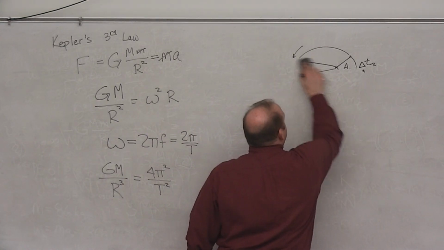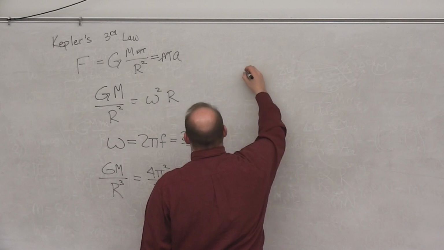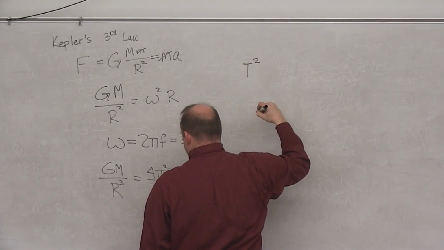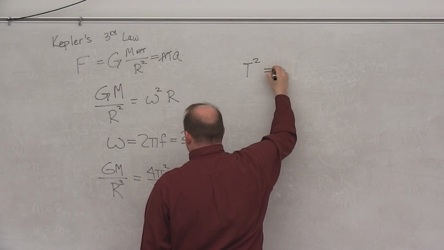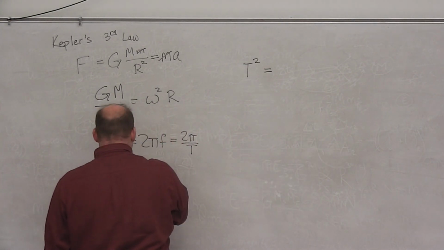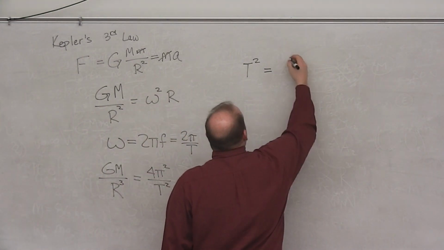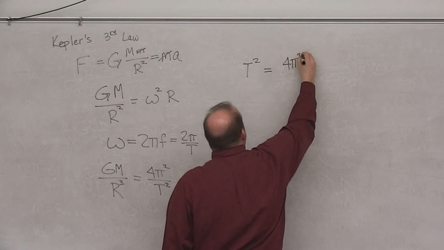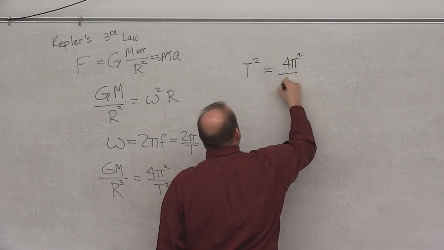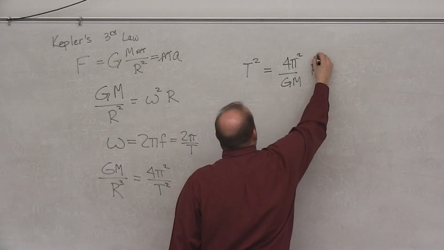What this is going to show us is that we have T squared is equal to 4 pi squared over GM times r cubed.